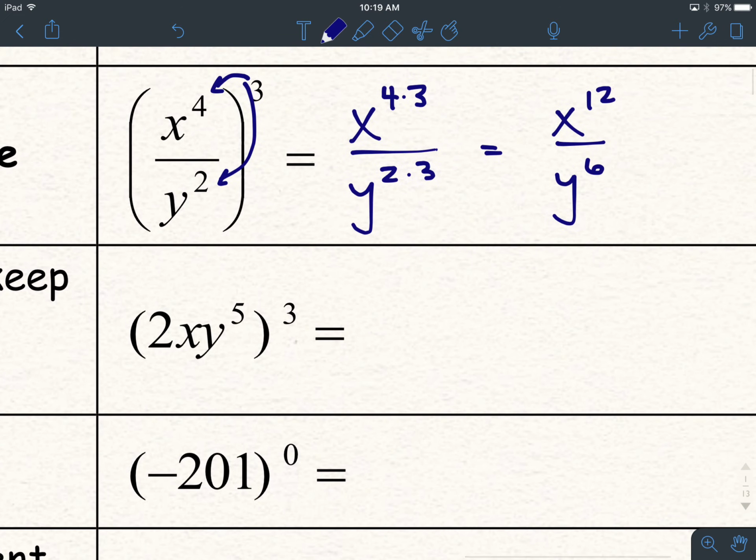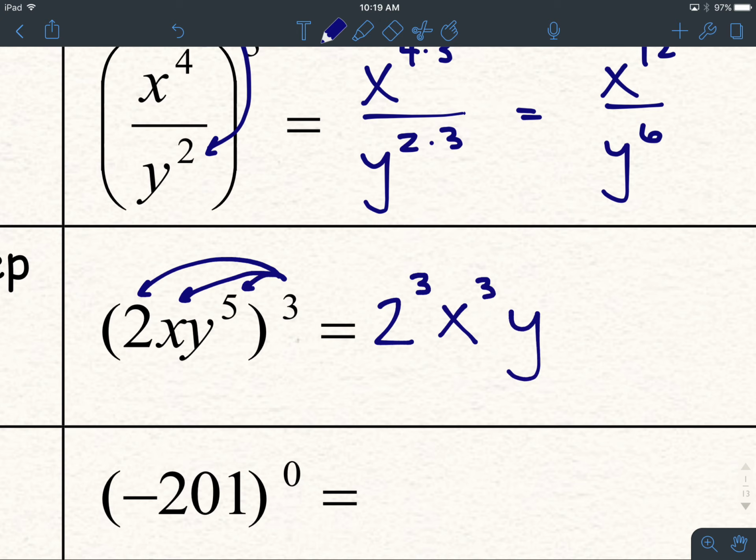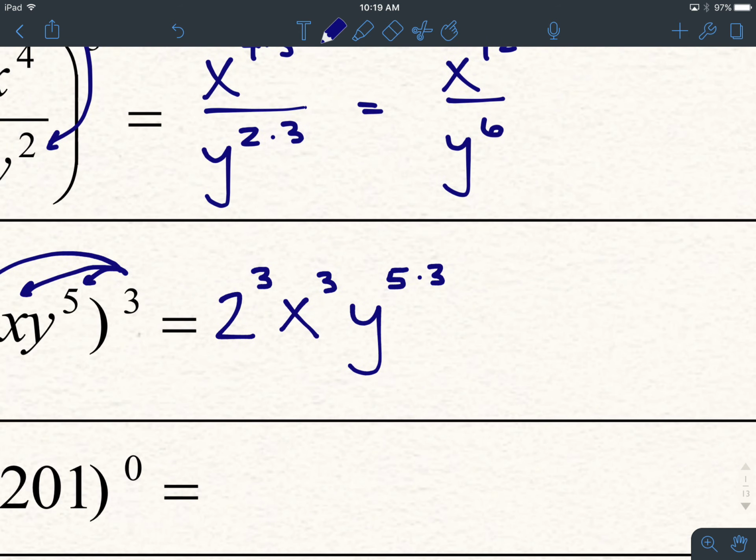So here we have 2xy to the exponent 5, whole thing cubed, or to the exponent 3. We are going to apply that exponent of 3 to each component of the base. So I did the 2 first, 2 now to the exponent 3, x to the exponent 3, and lastly y to the exponent 5 times 3. Let's simplify this.